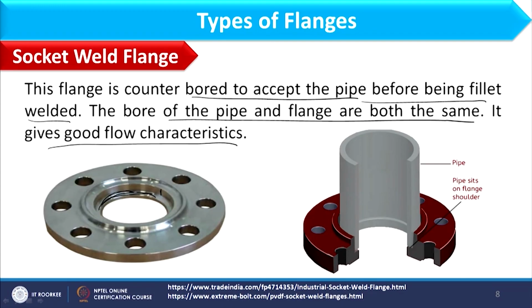So, why is it so? Because it is used to place the pipe, where the pipe sits. As you can see in this diagram, here you can see this socket, and over this socket the pipe sits. So, what is the advantage of this? When we weld the pipe with the flange, that welding joint will give some irregularity in the flow.